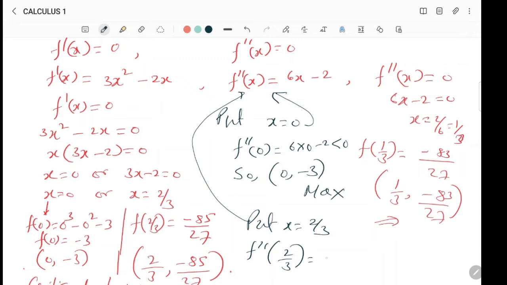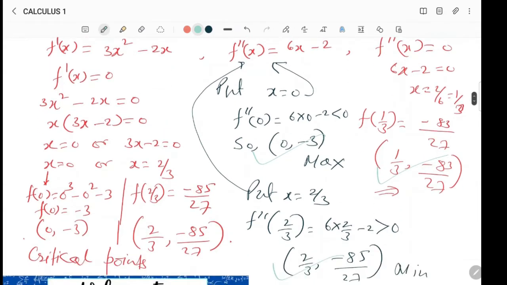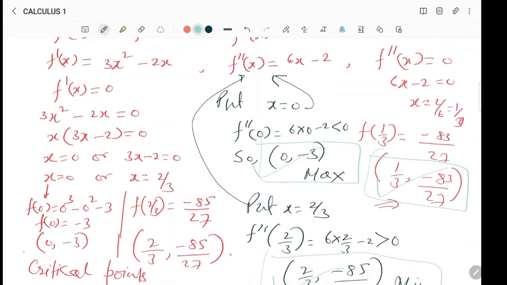So f double dash 2 over 3: 6 times 2 over 3 minus 2. So 4 minus 2, it's 2, which is positive. It means 2 over 3 comma minus 85 over 27 is the point for minimum. Okay, so guys, this is for maximum, this is for minimum, and this is for point of inflection. Okay, so this is critical point, this is critical point, and this is point of inflection.